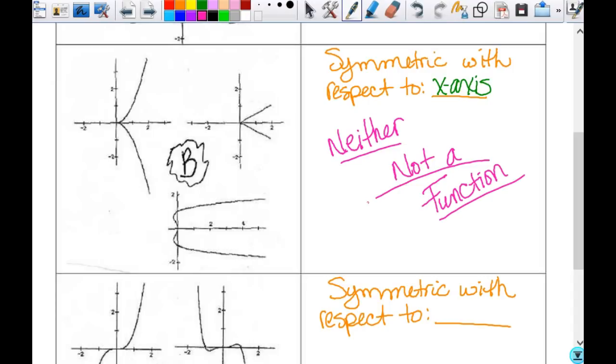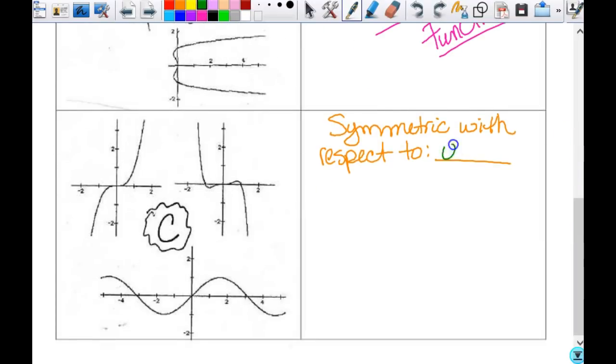If you always check that first, you won't even have to check symmetry. If it's not a function, it can't be either one, right? And then the last group has symmetry with respect to the origin. And these are what? Odd functions. Good job. Got it out first.